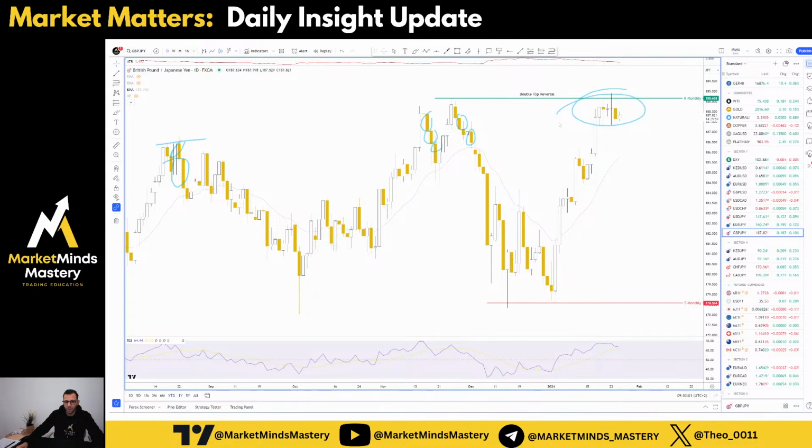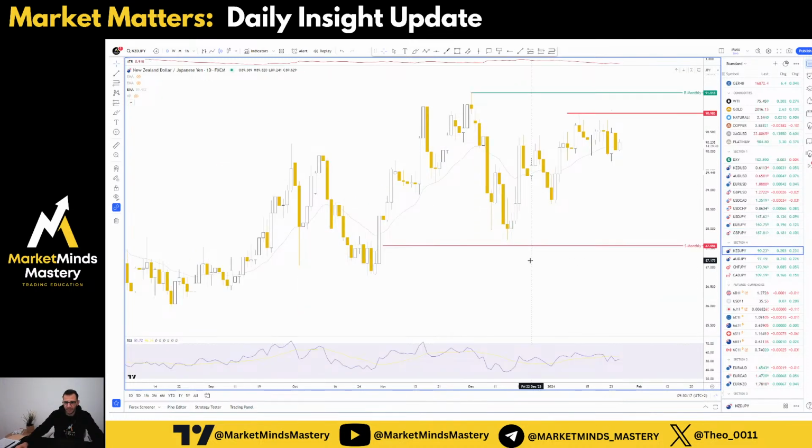But at this point, they didn't do it. So it didn't make it an attractive market to stay and pay the overnight fees and swaps. Okay, we explained that yesterday.